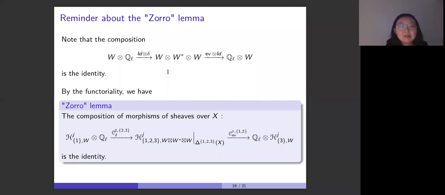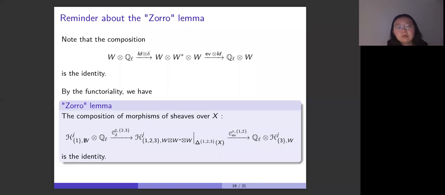There is something I didn't say, which is that the cohomology of shtukas is functorial in W. So when you have some morphism for W, you get the same for cohomology. So for cohomology of shtukas, we get the same thing.